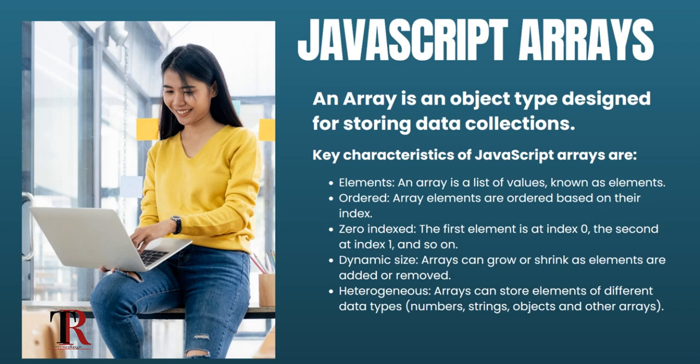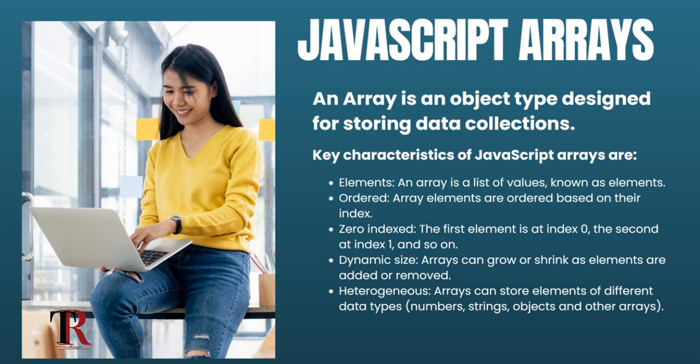So JavaScript arrays are ordered. Array elements are ordered based on their index. Index is just their position. Just as we've been talking about the fact that JavaScript starts counting from 0, 1, 2, 3, and so on, elements in an array also have positions and indexes, which is the number, the position they occupy in the order of the array.